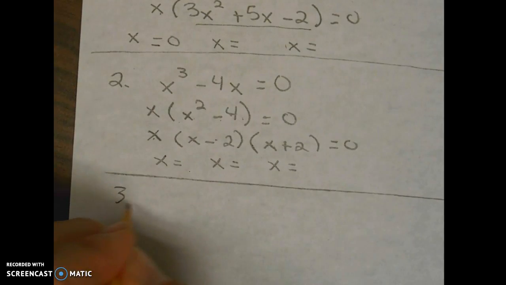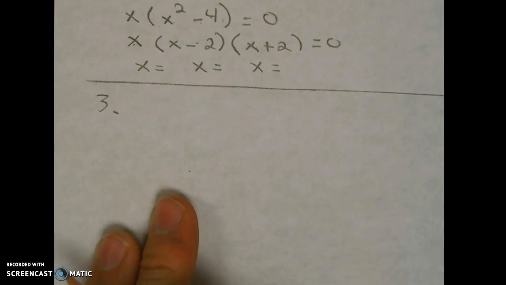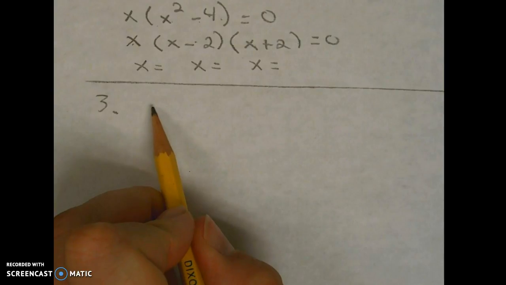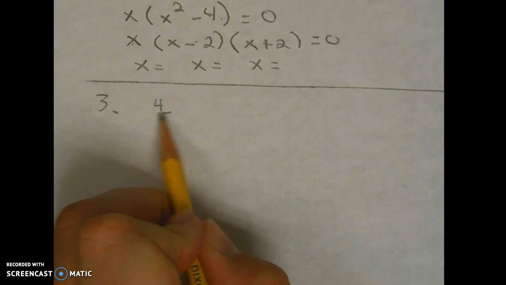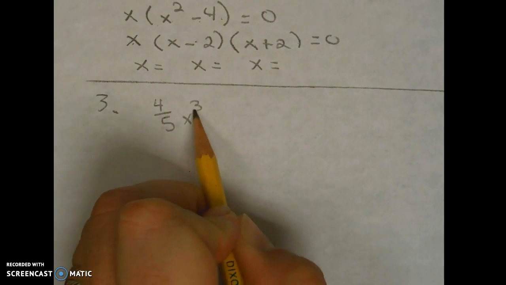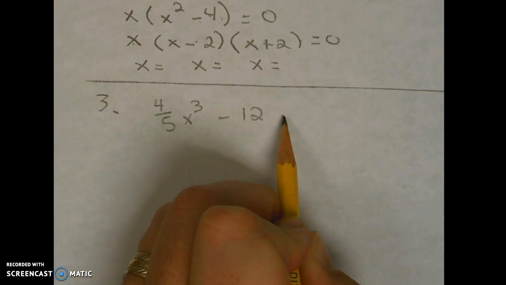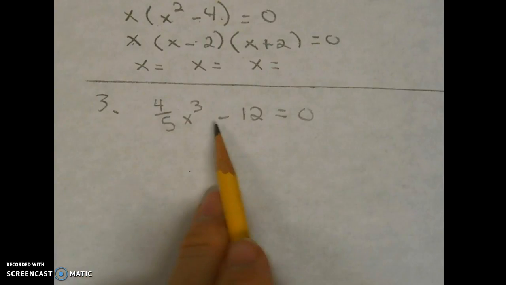Okay, another type of problem. This one's a straightforward problem where there is a leading term and then you have your constant with no x squared or x in the middle.